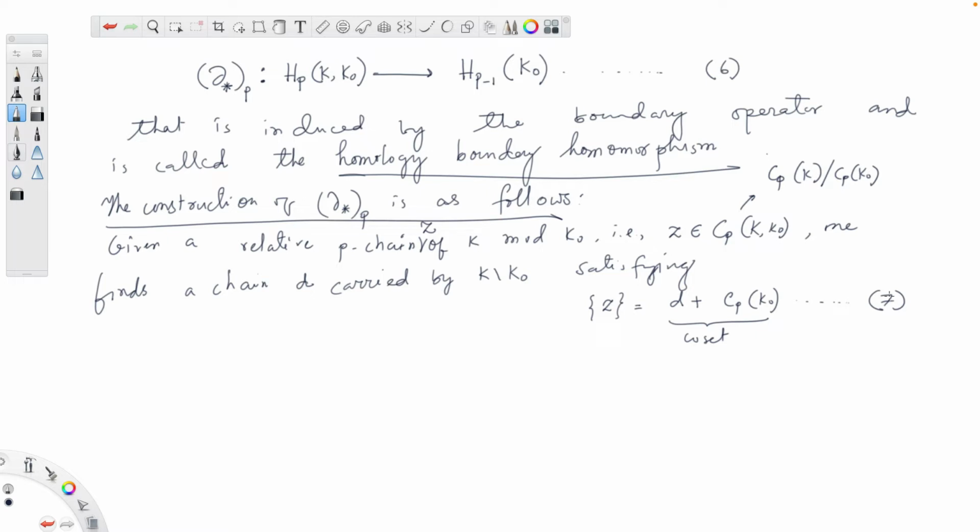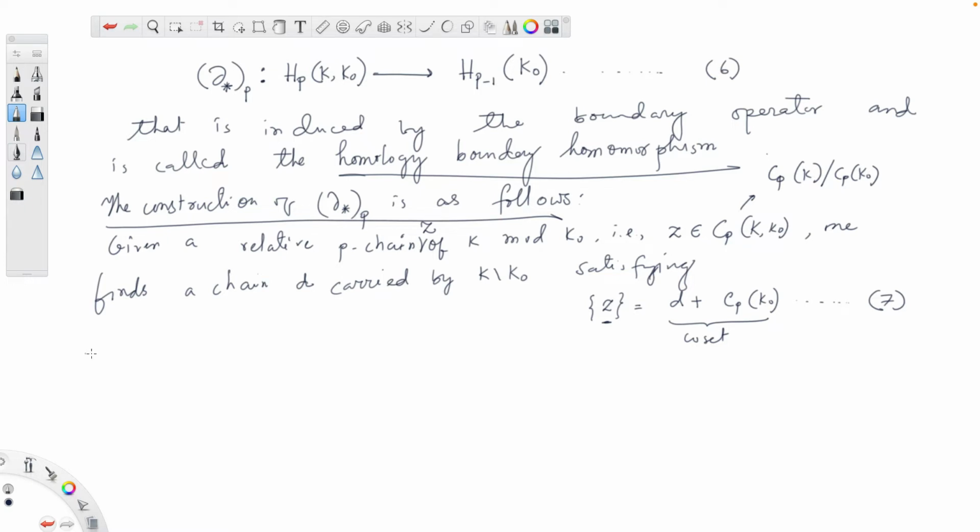So when D is 0, it means that the identity element in the set of cosets is just Cp of K0.